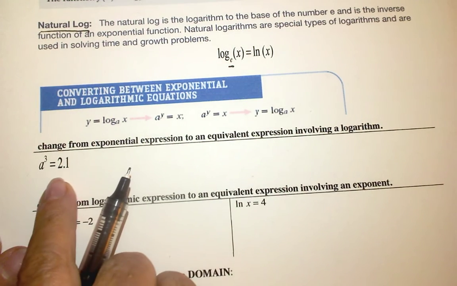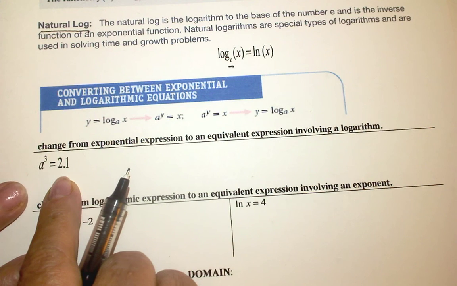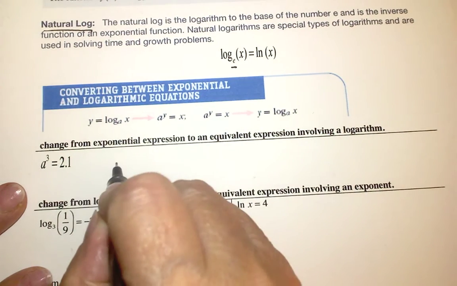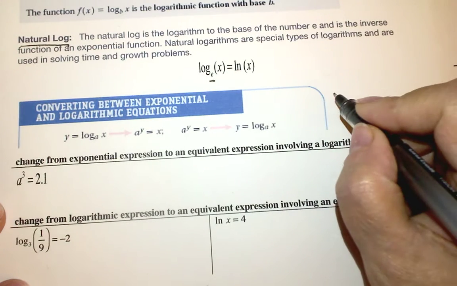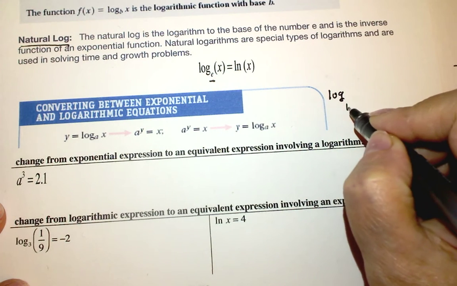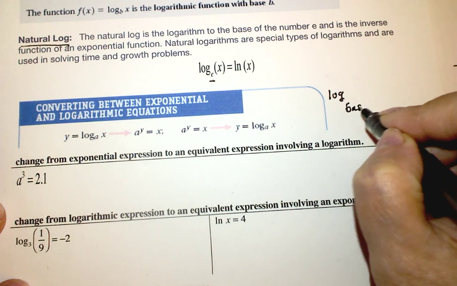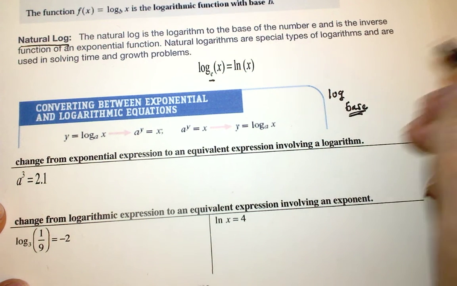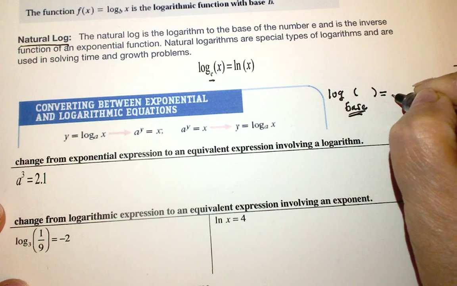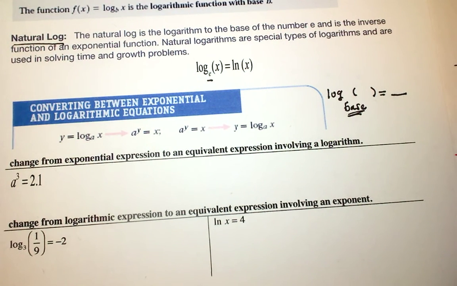If I wanted to change this to log notation, and I don't do that very often, by the way, think about a logarithm. The logarithm, remember, has a base, it has the thing that you're taking the logarithm of, and you're looking at the result.